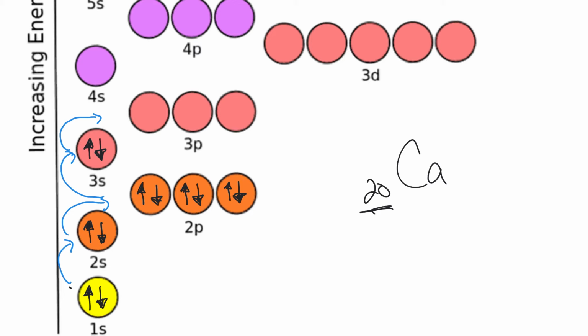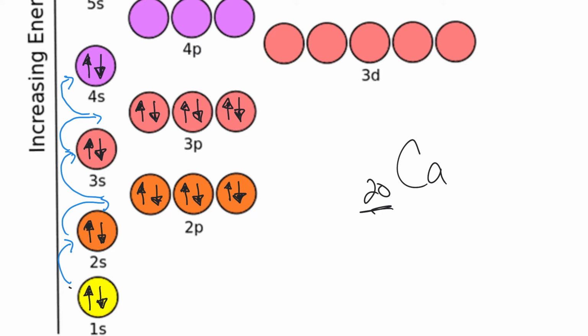So far I've got 2, 4, 6, 8, 10, 12, 13, 14, 15, 16, 17, 18. I'm done with my 3p now, so I'm going to move up in energy from the 3p to my 4s, 19, 20. So this is the orbital diagram of the atom of calcium.